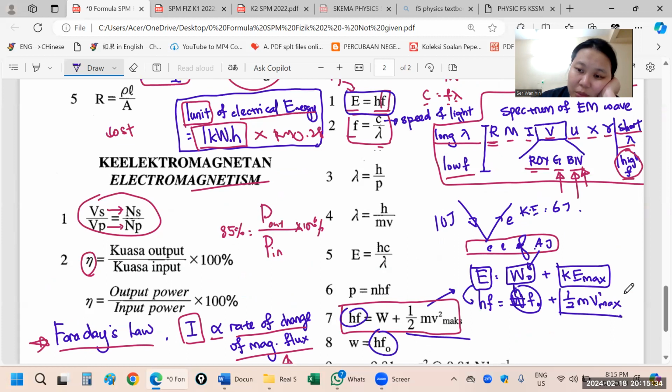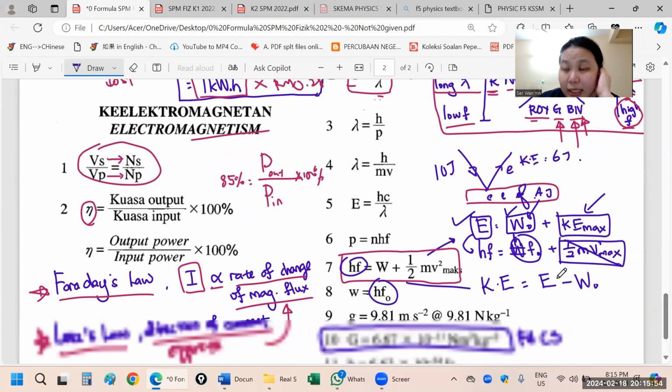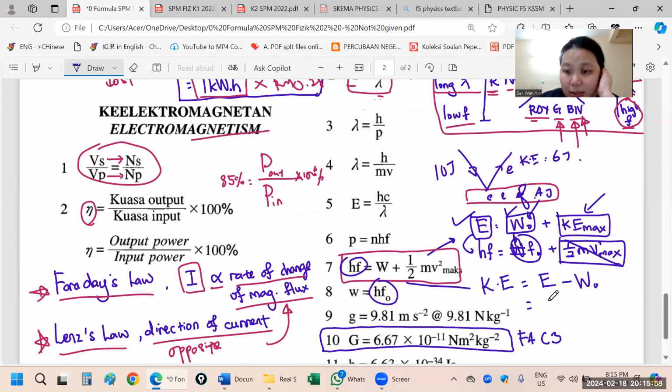Most of the time they won't ask you this, but they will say, if you have light energy and work function, can you find kinetic energy? Yes. Kinetic energy equals light energy minus work function. Do you know the formula for light energy? Yes, hf.